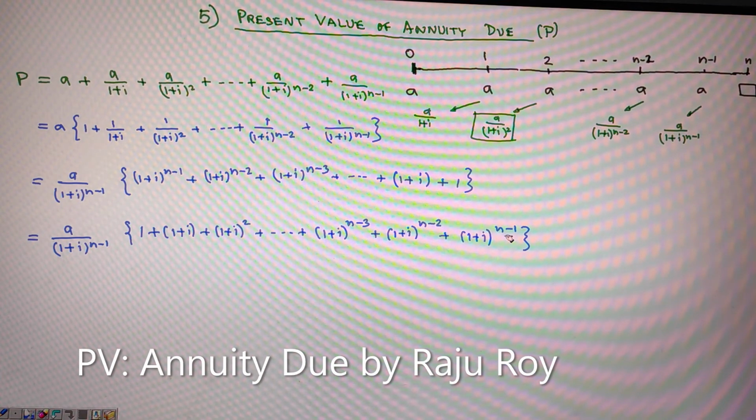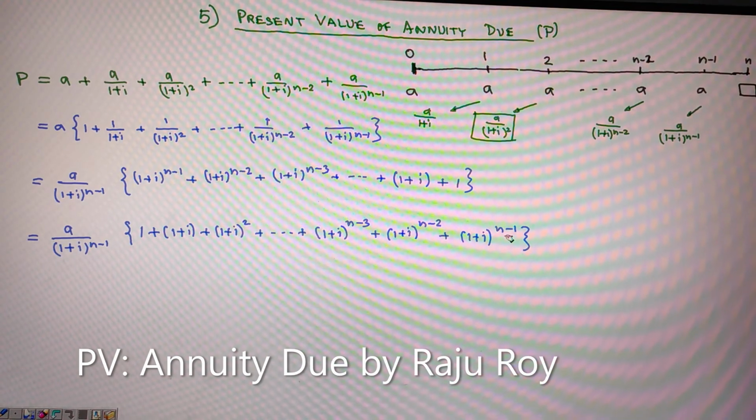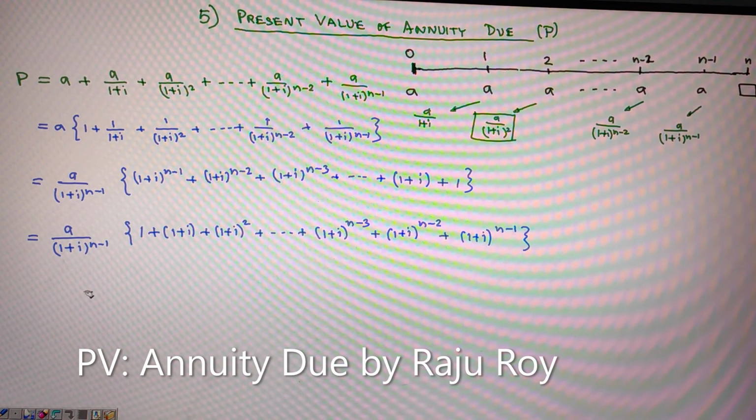Hope it is very simple, simple algebra. Next, P is equal to A by (1 plus i) raised to the power n minus 1, times this sum.